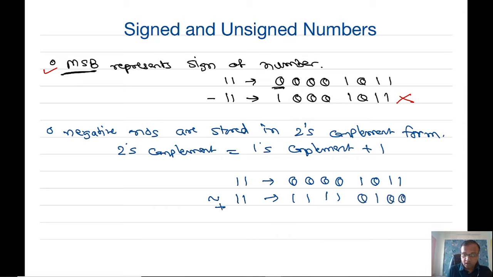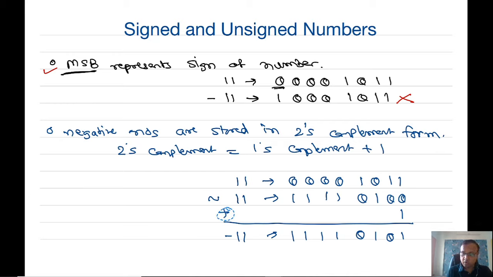And then go ahead and put a plus 1 on that. As you do the addition, plus 1 onto that, you'll find the new number to be 1 1 1 1 0 1 0 1. This number rightly represents negative 11, or say -11. Please do understand, this is very important.